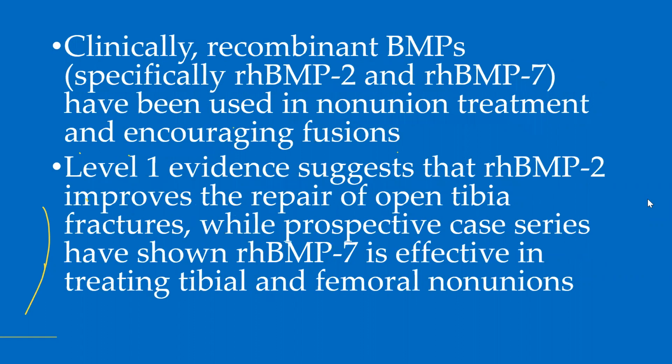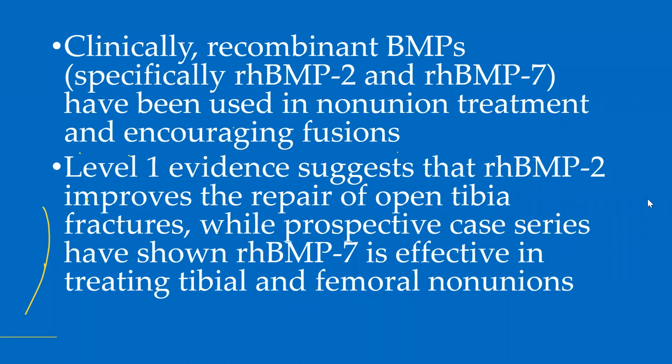Clinically, recombinant BMPs, especially BMP 2 and 7, have been used in non-union treatment and encouraging fusions. Level 1 evidence suggests that BMP2 improves the repair of open tibia fractures, while prospective case series have shown that BMP7 is also effective in treating tibial and femoral non-unions.